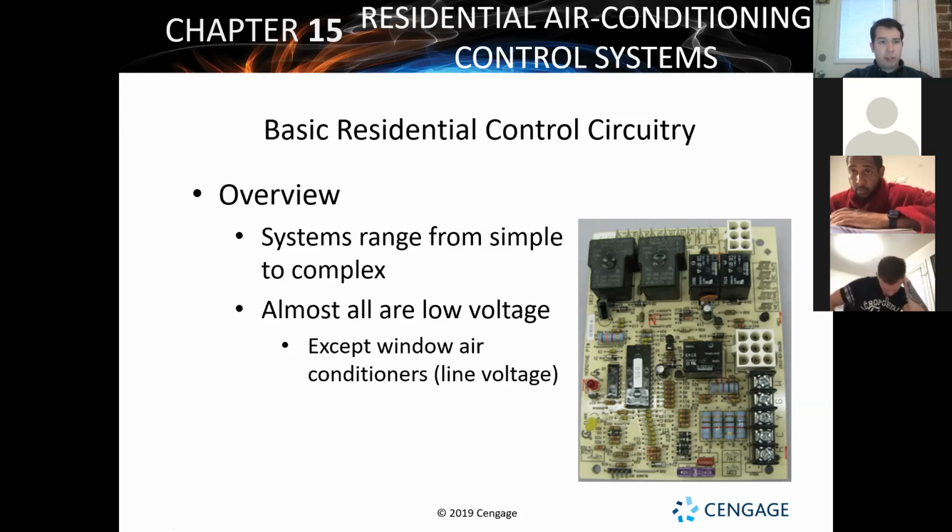So the board is really interesting because what it's going to do is it's going to receive 24 volt signals, and it's going to receive calls for heating, calls for cooling. When our thermostat closes, the 24 volts are going to come here. They're going to hit this Y terminal. So basically R has 24 volts leave this board, goes all the way to the thermostat, and it sits there at the thermostat.